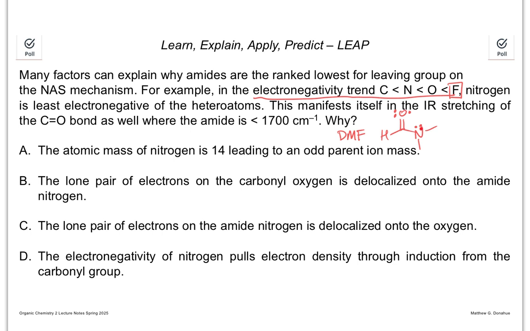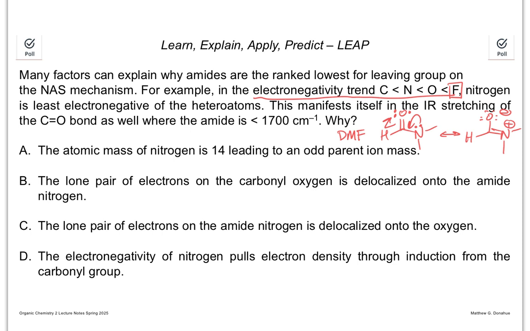So this lone pair gets delocalized through resonance onto the oxygen. So that's through resonance. And you'll notice what happens to the pi bond of the carbonyl. So it looks more sigma bond-like. And so that's why it falls below 1700.